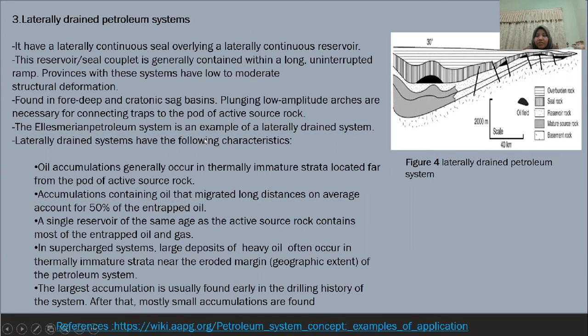Some of its characteristics are that accumulations generally occur in thermally immature strata located far from the point of active source rock, and accumulations containing oil that migrated a long distance on average account for 50% of the in-place oil. The largest accumulation is usually found early in the drilling history of the system. After that, mostly small accumulations are found.